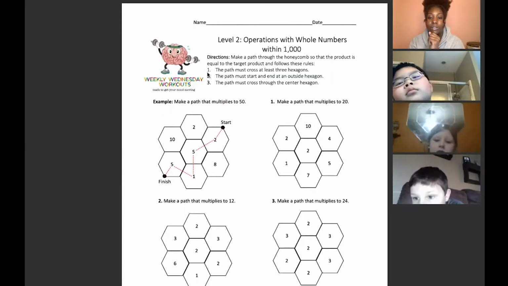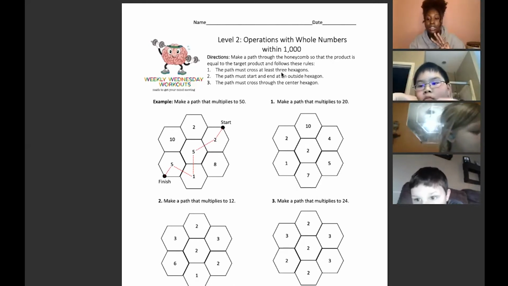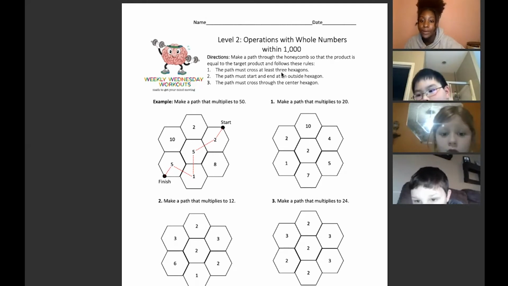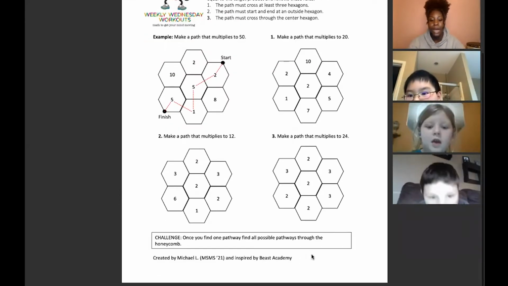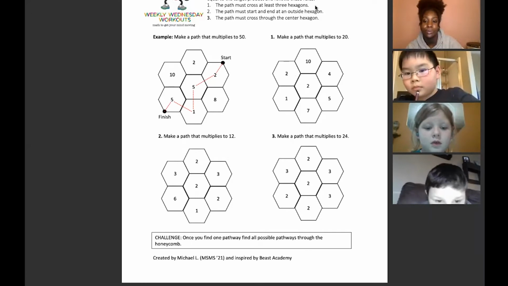That's what the first rule tells us, that we have to cross through at least 3 hexagons. So at least tells us that we can have 3 or more hexagons. I know about honeycomb paths. I've done it on Beast Academy Online. That's really cool. This worksheet was actually inspired by Beast Academy.